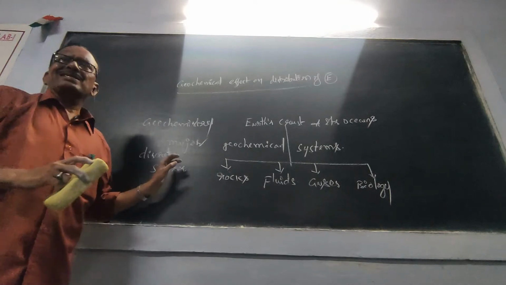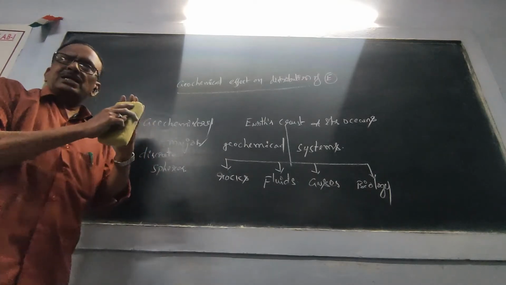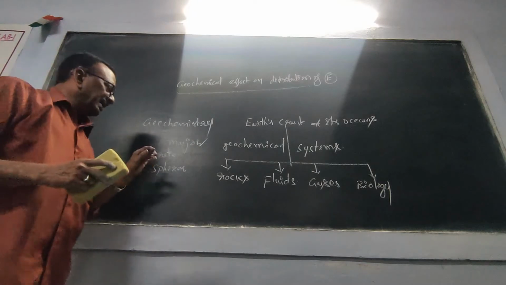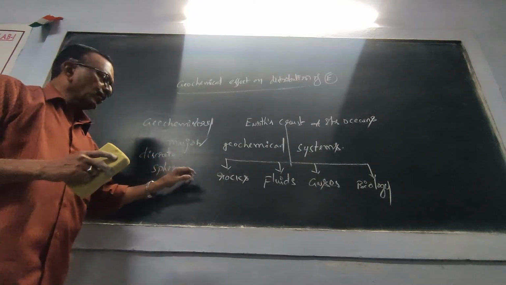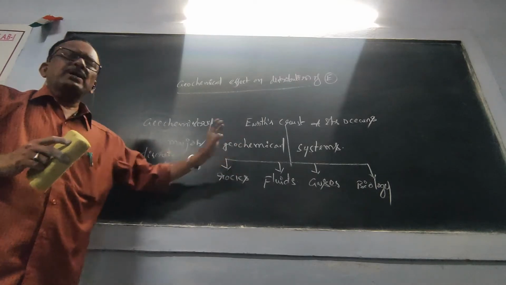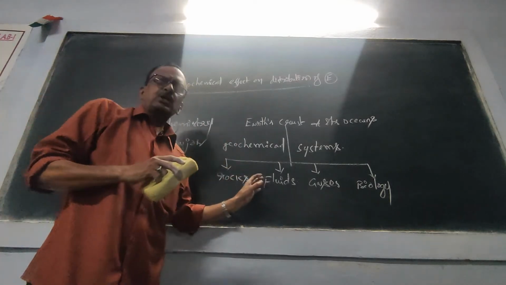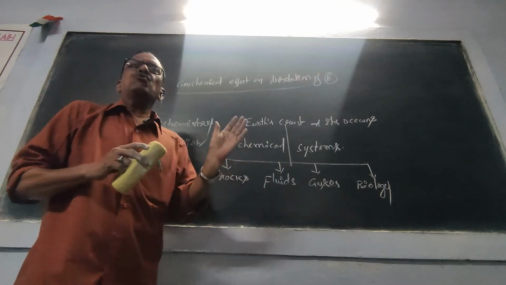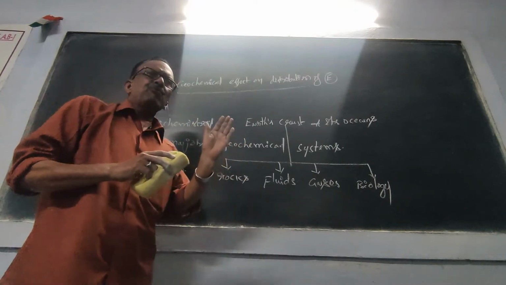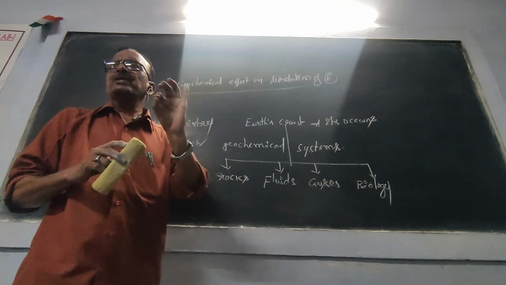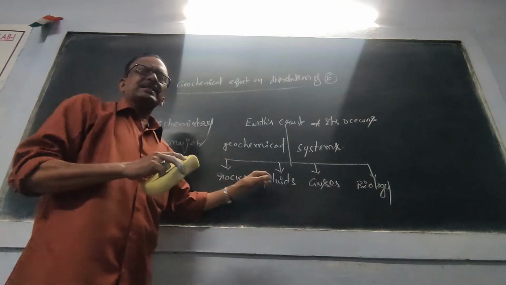So Earth's crust consists of discrete spheres that include mainly rocks, fluids, gases and biology. What are fluids? What is the meaning of a fluid? The literal meaning is that they tend to flow. They will flow from one place to another place. So generally gases and liquids are together called fluids.